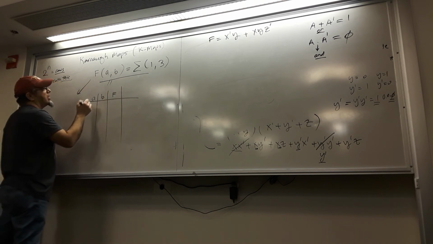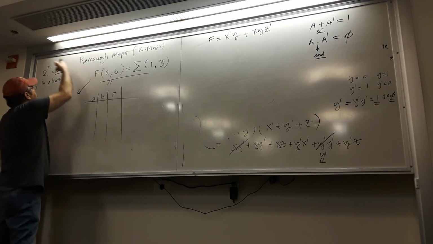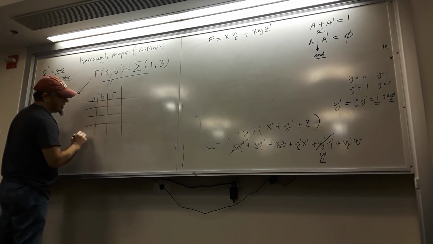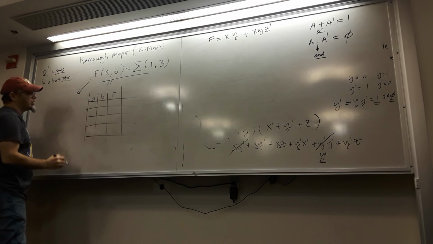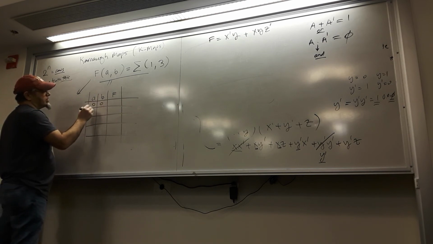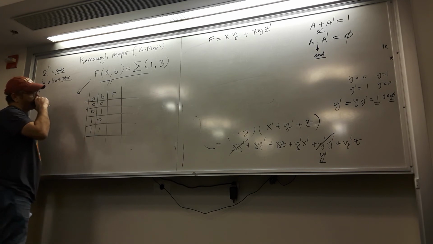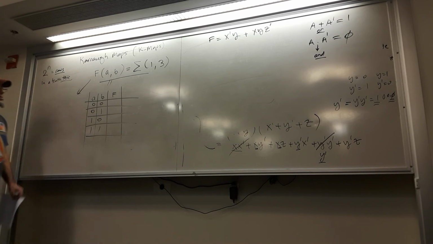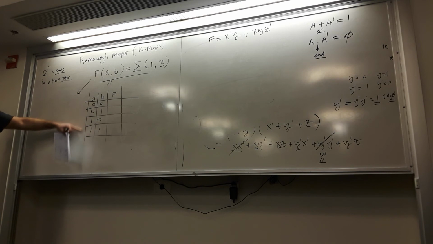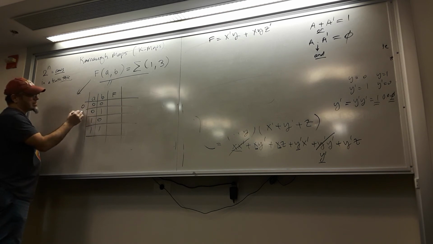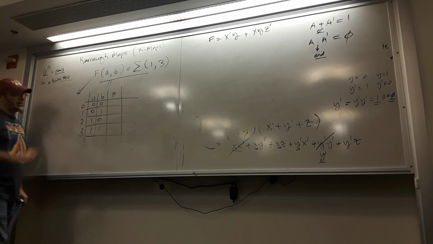Since I have two variables, 2 to the power 2 is 4 rows. 0 0, 0 1, 1 0, and 1 1 is the default pattern that I use. These numbers actually match the decimal values, as we talked about before: this is a 0, this is a 1, this is a 2, and this is a 3.